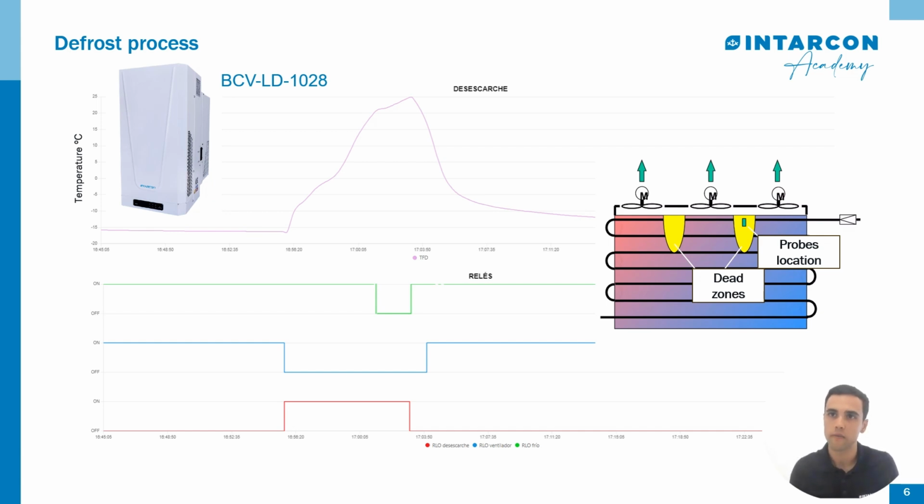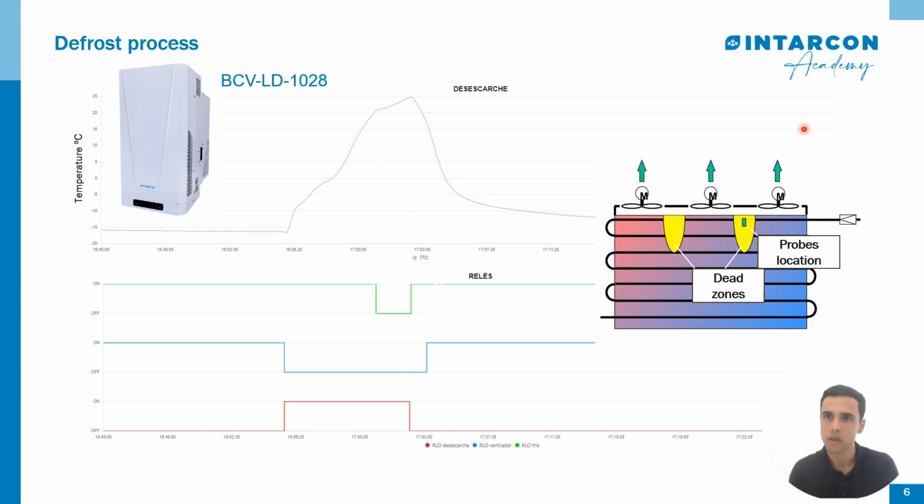There is a delay of the fan startup; during this period the evaporator is cooled by natural convection with the air in the room, avoiding thermal shock. The location of the temperature probe is crucial to ensure effective defrost. This probe must be placed at the last place where the ice melts, at the most unfavorable point of the evaporator.